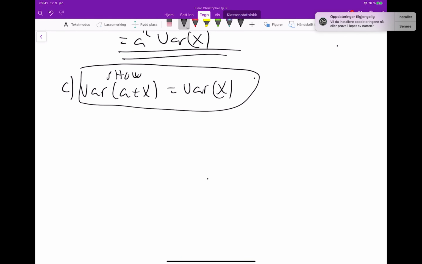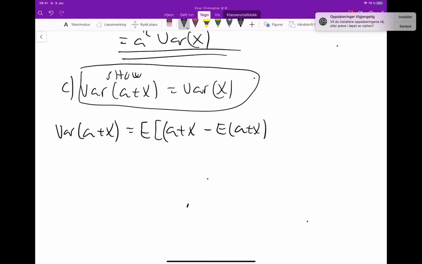We use the same procedure as last time in exercise 1a and 1b. So the variance of something is just the expectation of this something, a plus x, minus the expectation of this something, a plus x, to the power of 2. Just following the rule.